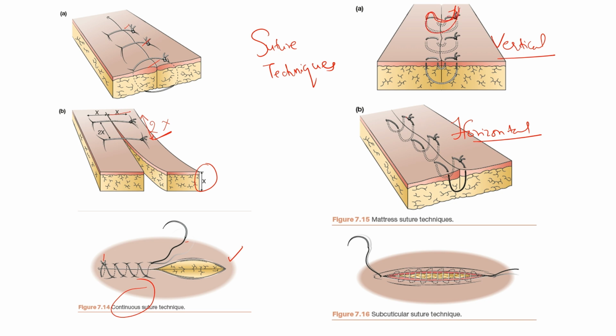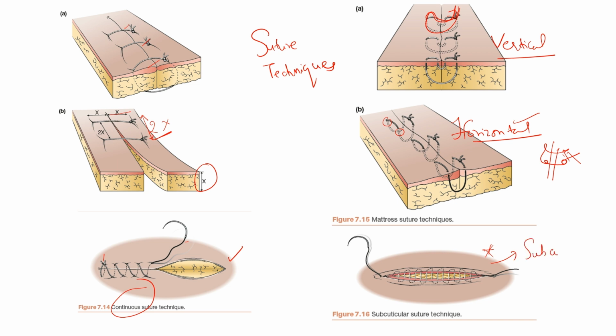Whereas here it is more or less the same, but the second bite is at the same level. You have gone from one side to another, you take a bite on the same side at the same level, and come to the opposite side at the same level where you took the first bite. Now you will be tying the knot here. So this is your horizontal mattress.